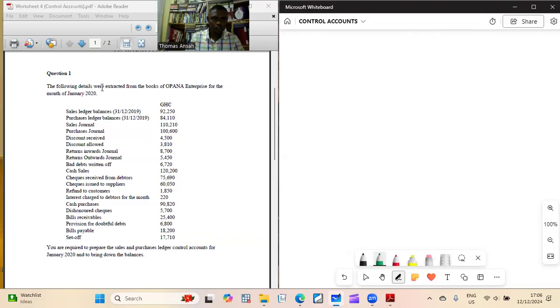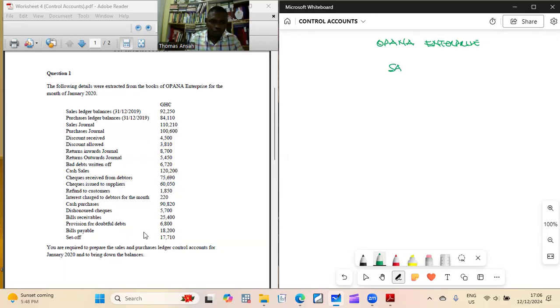So we have the following that has been extracted in the books of Opener Enterprise, all right? Then, like I said, you open the sales ledger.